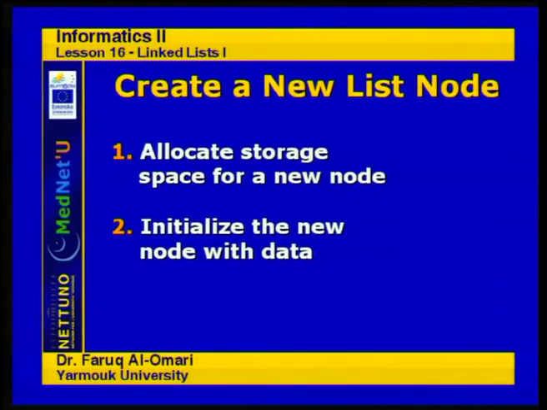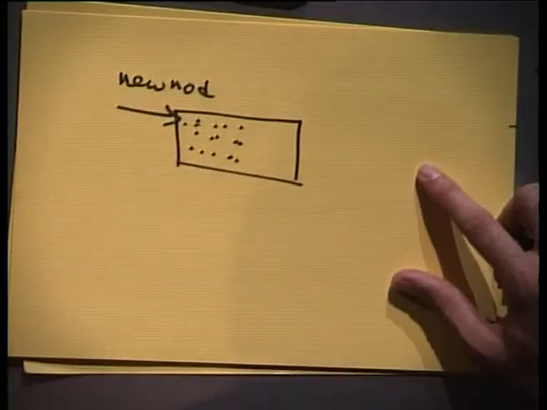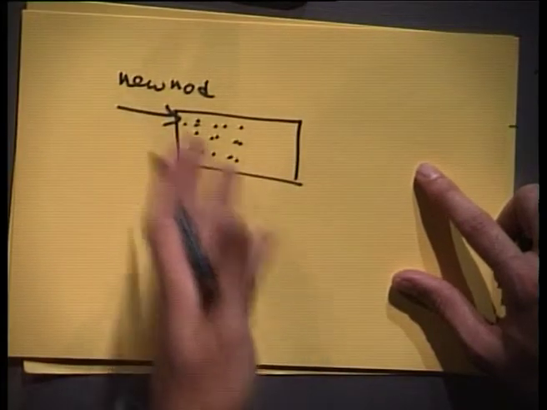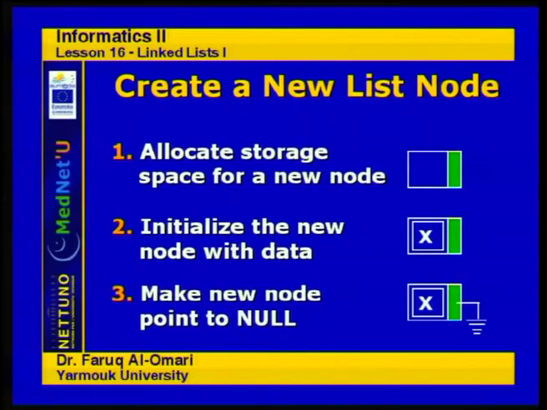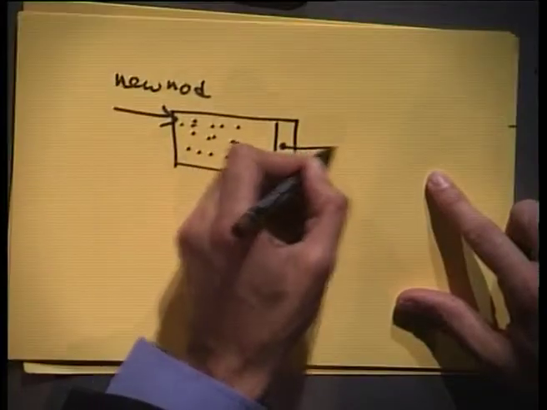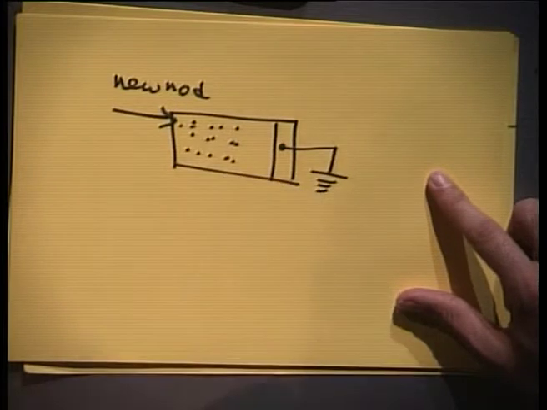Fill in the data you would like to add. Basically accommodate the new customer in his room. And then, of course, it has a pointer that's going to point to next. Well, I don't have any next now. It's just one node. So usually, and it's a habit, make this always point to null.